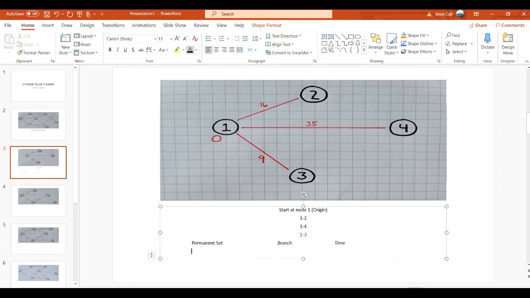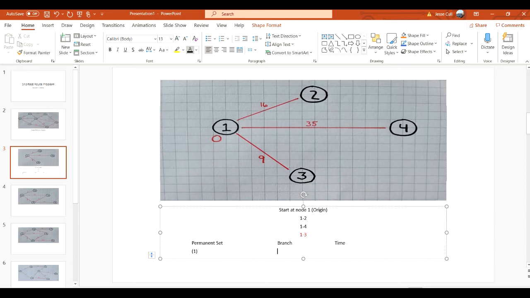What we see is that the permanent branch in this situation is branch number 1. That's the permanent set, and that indicates that it's our first conclusive shortest route. There is no faster way.